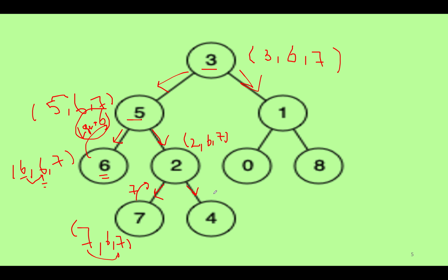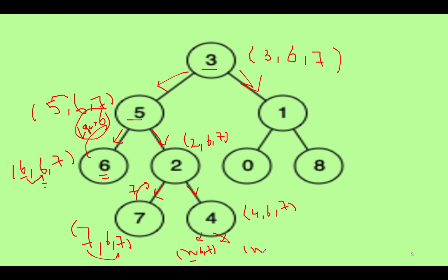Let's move in the right direction as well. 4, 6 and 7 would be passed, and 4 is not equal to 6, 4 is not equal to 7. Again we'll move in two directions, and we'll pass null, 6, 7. We'll abort the process since the root value has turned up equal to null.